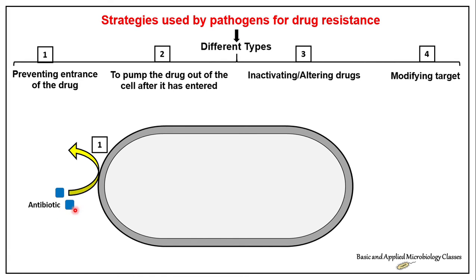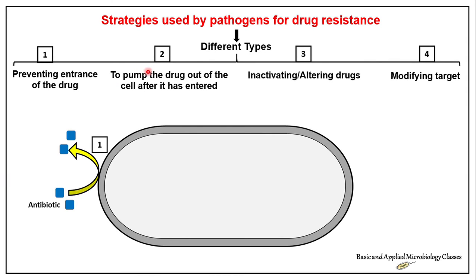It will stop the penetration of this antibiotic inside the cell, and in this way it will be preventing what? The entrance of the drug, and it will be showing resistance to this antibiotic or this drug. So this is the first strategy, the first mechanism which is used by pathogenic bacteria while they are acquiring the drug resistance.